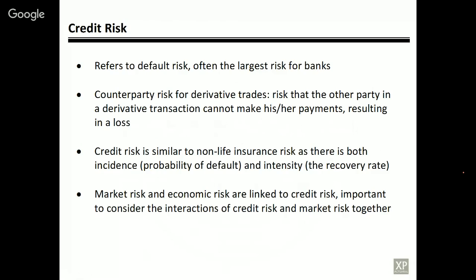Credit risk is very similar to non-life insurance risk, or the stuff that you studied on exam C. So there's an incidence rate or a probability of default, and an intensity or a severity, which is related to the recovery rate. Market risk and economic risk are also linked to credit risk, so it's important to consider credit risk with the interaction between market and economic risk.